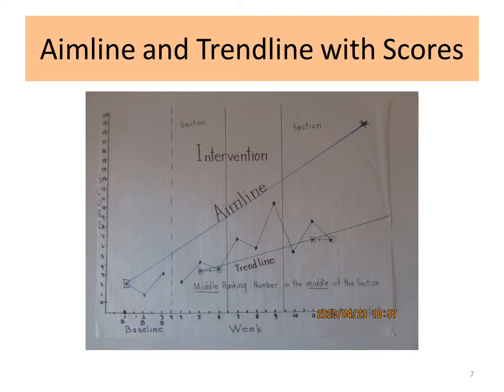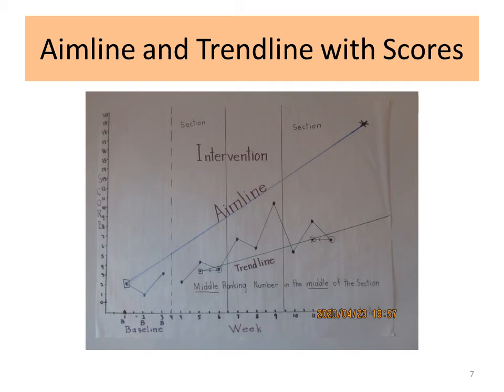That part of the line where there are no scores, but it keeps on going, that predicts where the student is going to be by the 14th week and beyond. Okay, so you don't stop at the last score that you had. You keep on doing it. Keep on drawing it as a prediction line.